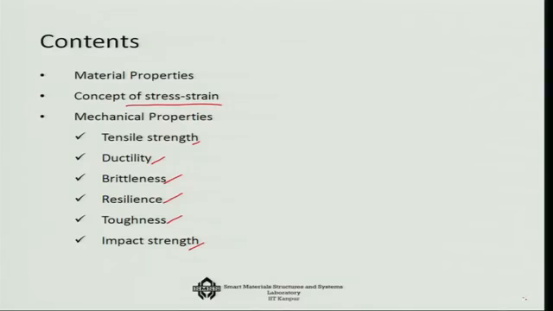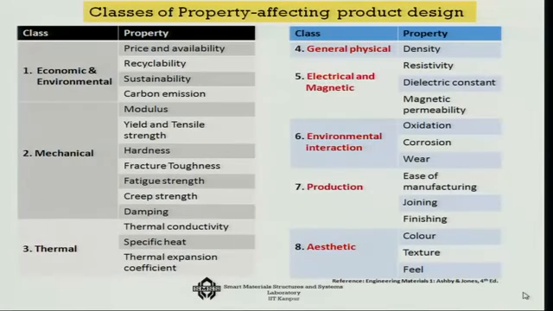So, first of all, let us look into broadly the material properties. In the last lecture, I have told you broadly about the domain of materials. Now, we are talking about the material properties that one has to consider. So, towards that direction, if you look at it, we call it a 7 parameter based grading of a material.